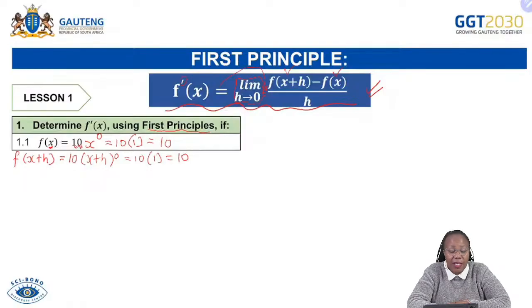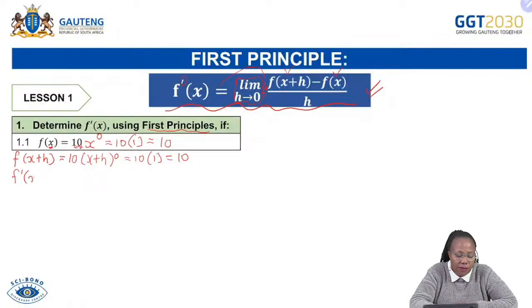That means it is 10, 10, only for the condition where you are having a constant number, okay? And then now into the formula, f derivative of x, the limit of h approaching 0 of f at x plus h, we are substituting into that formula, grade 12. F at x plus h is 10, f at x is also 10, and then all over h, is the limit of h approaching 0.